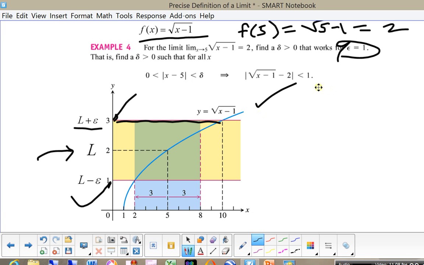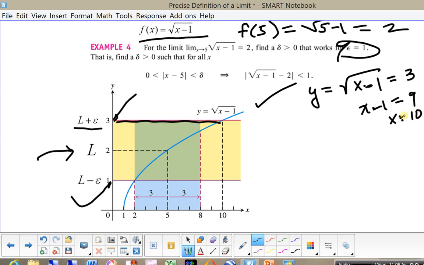Well, y is equal to the square root of x minus 1, and we know the y is equal to 3. So squaring both sides, we get x minus 1 equal 9, or x equal 10. That tells us that x upper is going to be 10.